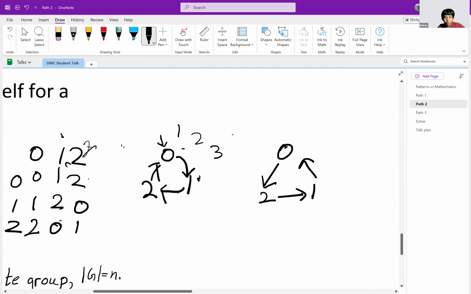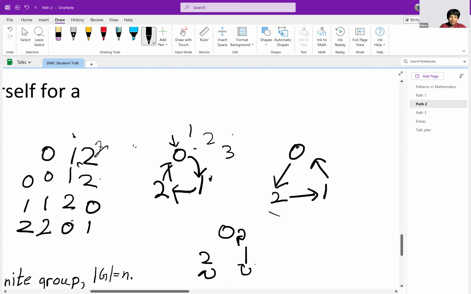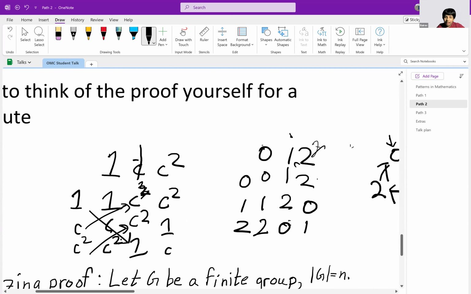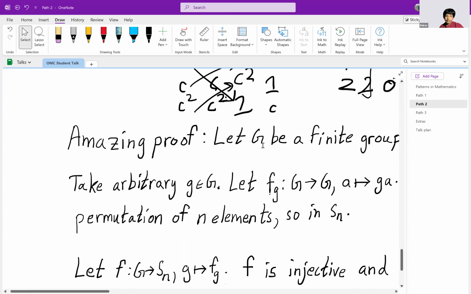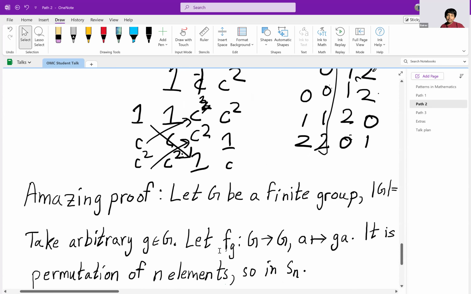So we get 0 to 1 to 0, and then 1 to 1, 2 to 1, and we get the same thing as we would have taken by taking this identity element. So it preserves the structure, and we basically get the same thing inside it.